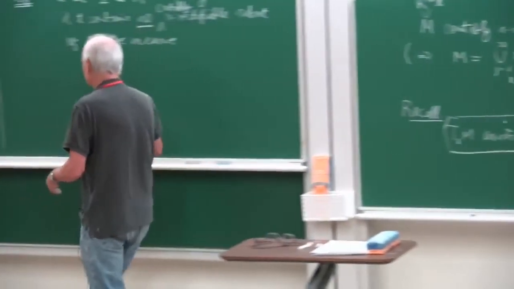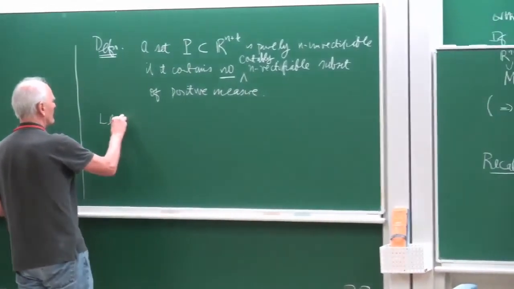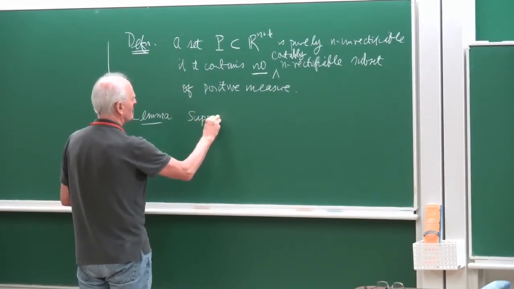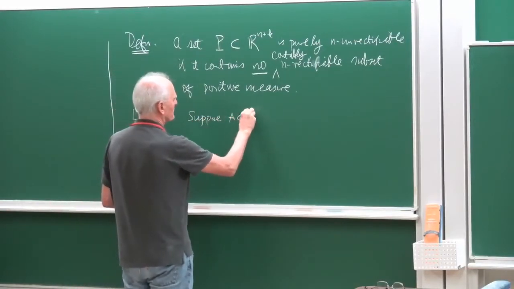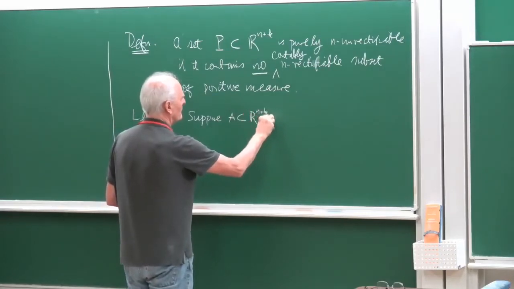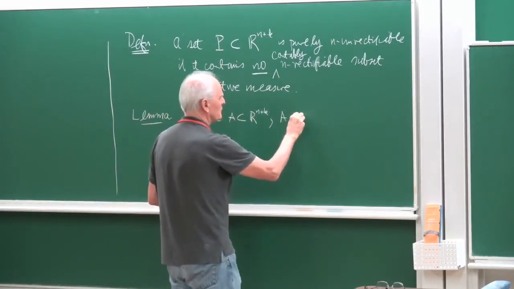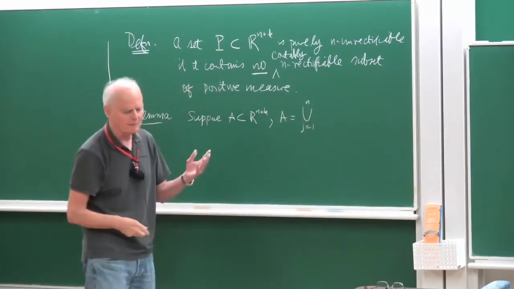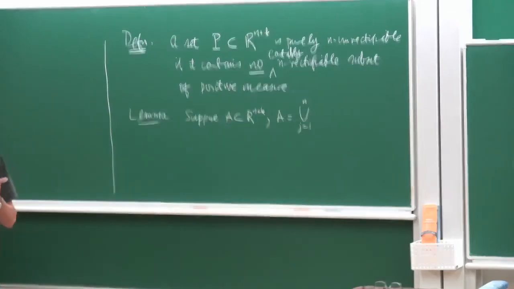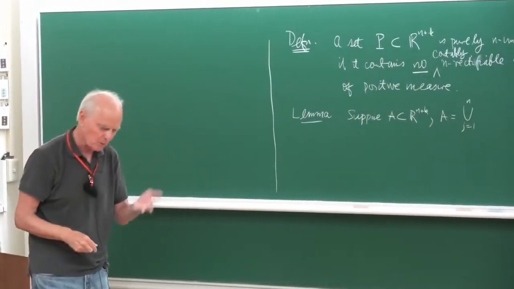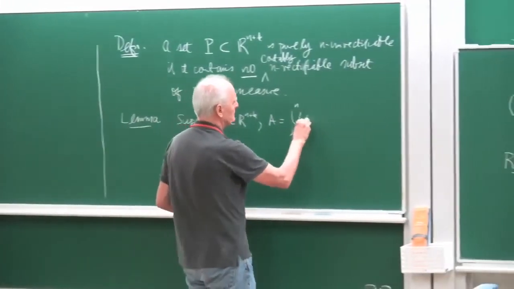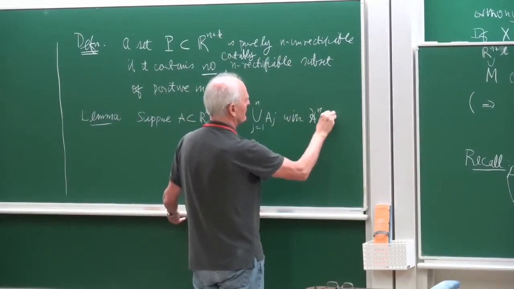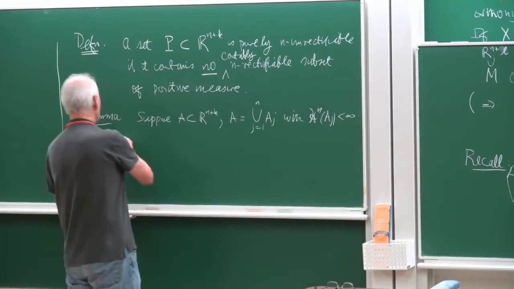So let's state that. Lemma. Suppose A is contained in R^(n+k), and A can be written as a countable union of sets of finite measure. So A doesn't actually have to have finite measure, as long as it's sigma finite: you can write it as a countable union of things of finite measure, H^n(A_j) finite for every j.